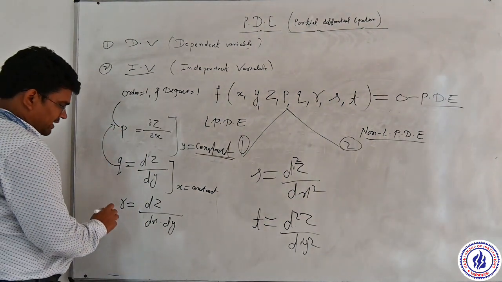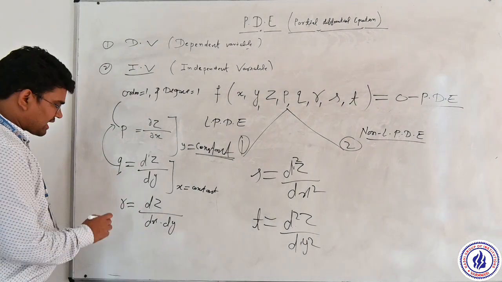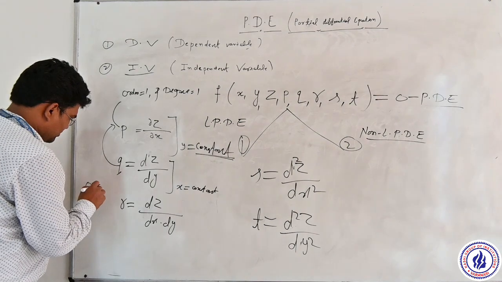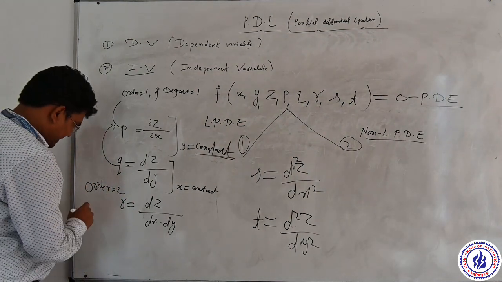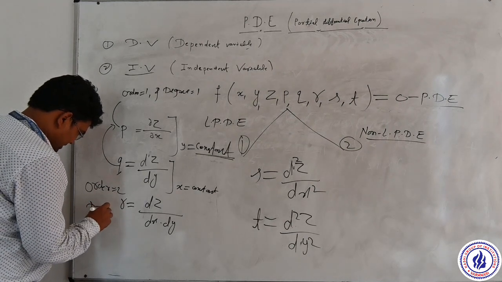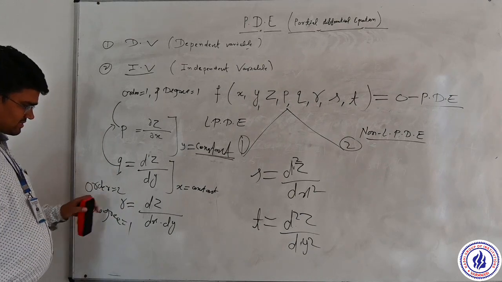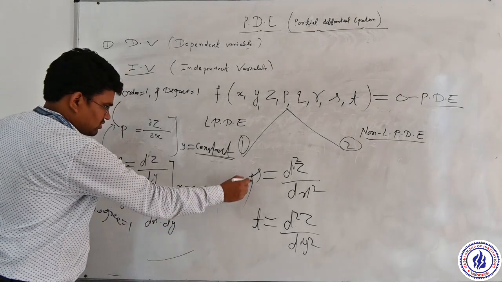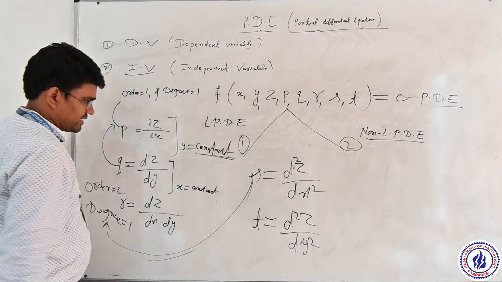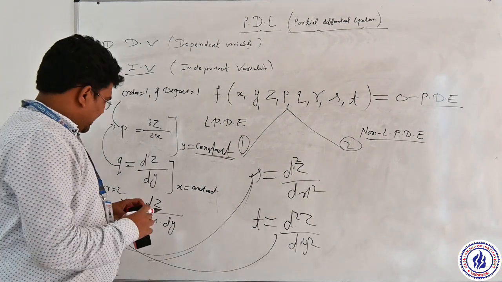But here R has order 2 and degree 1. Same as S, which also has order 2 and degree 1, and T is the same.